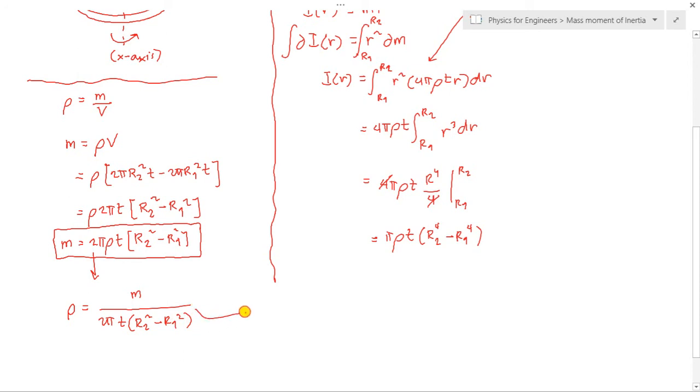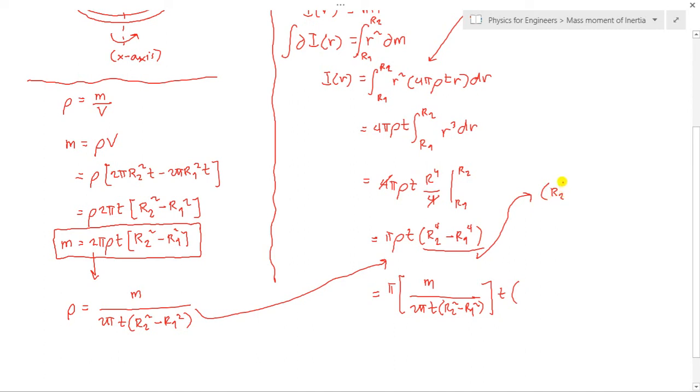We substitute this to get the moment of inertia in terms of mass, that is pi times m over 2 pi t times r2 squared minus r1 squared, times the thickness, times r2 to the fourth minus r1 to the fourth, which equals r2 squared minus r1 squared multiplied by r2 squared plus r1 squared.